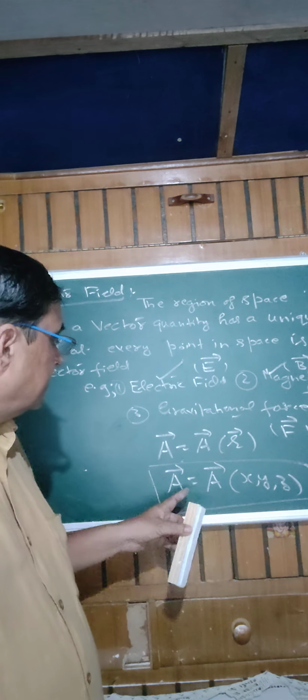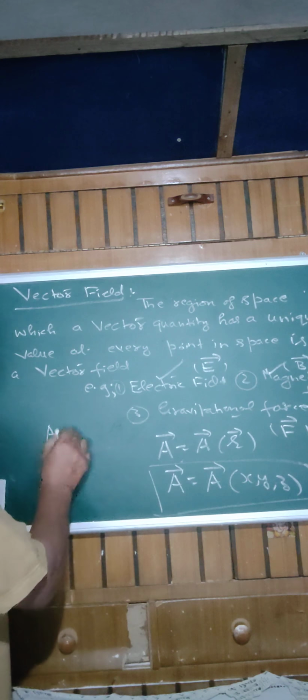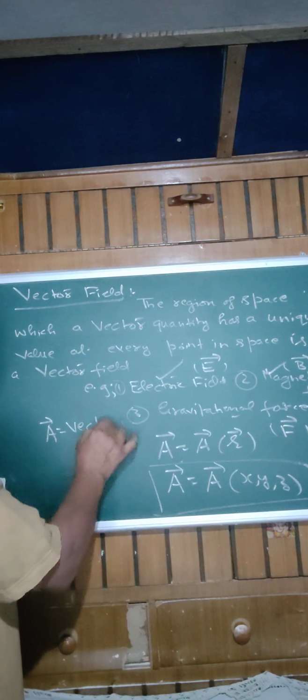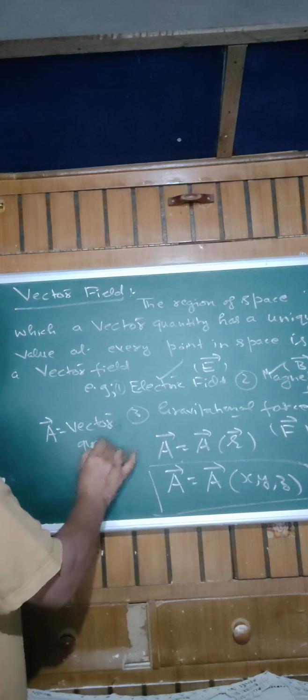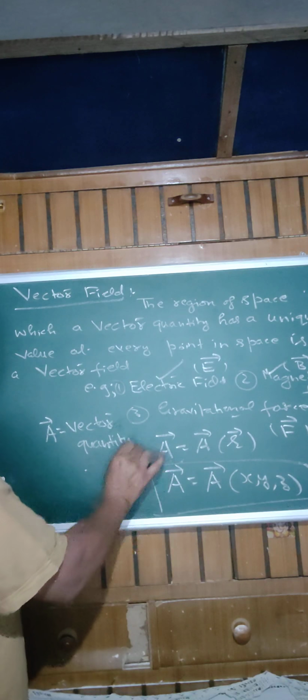A is a vector quantity, and we can represent this as A of x, y, z. A can be anything: the electric field, the magnetic field, the gravitational field, or whatever vector quantity we are taking. So this is the general representation, where A is a vector quantity.